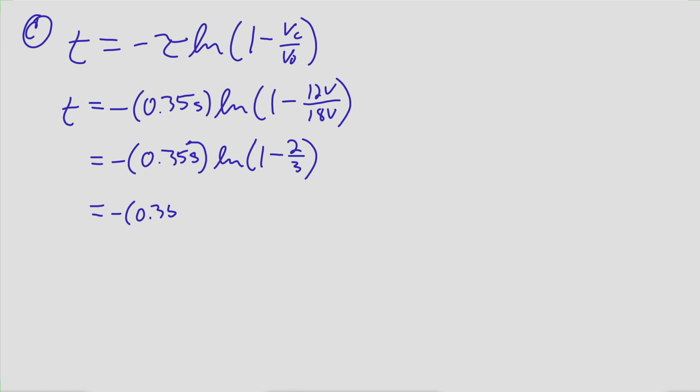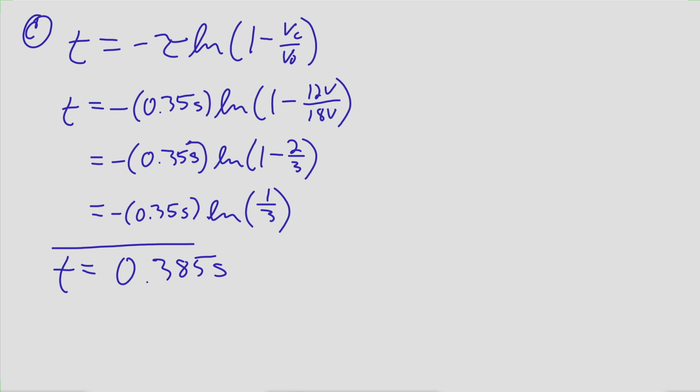So minus 0.35 seconds, natural log of 1 minus 2/3 is just 1/3. So if you do all that, you get 0.385 seconds. So hopefully that helps.